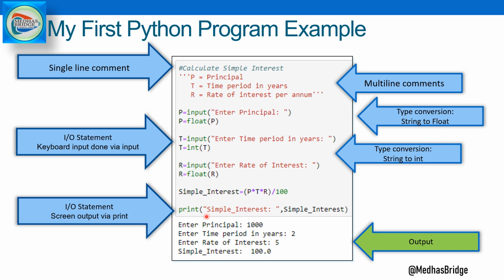Print is a function used to redirect output onto the screen or console. Input and output are known as I/O statements. After executing the above program, we shall see the output as shown here.